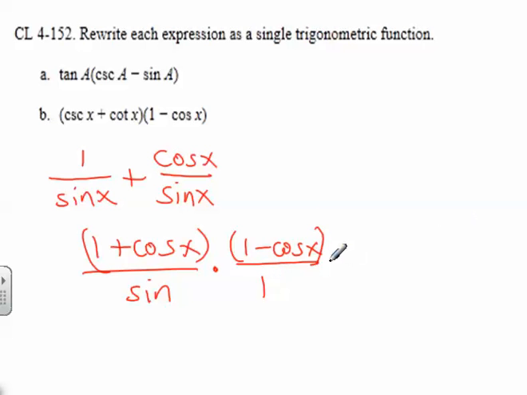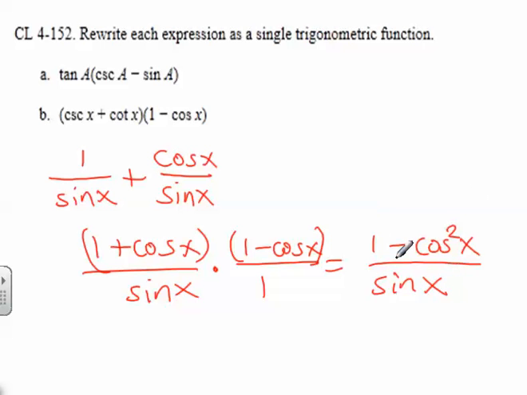Let's multiply across the top and the bottom. Across the top, I need to FOIL, distribute this. So I end up with 1. The middles cancel out. A positive cosine with a negative cosine makes 0. And then minus cosine squared of x over, oops, I forgot the x earlier. Multiply across the bottom, sine x.